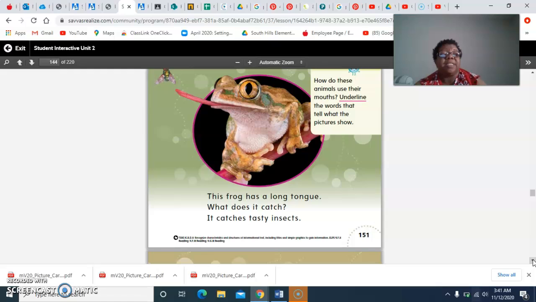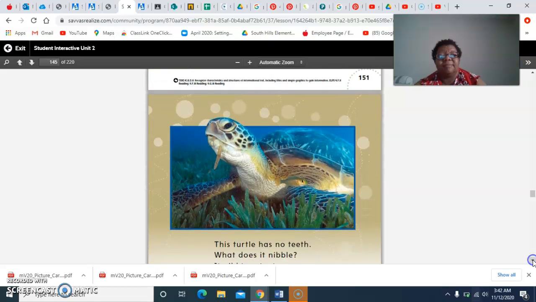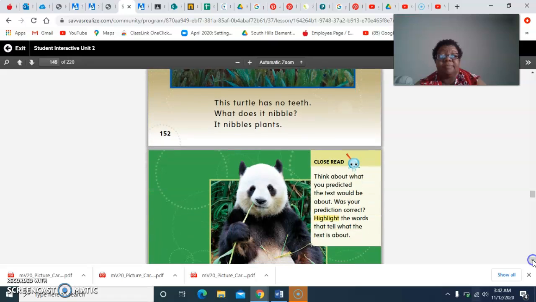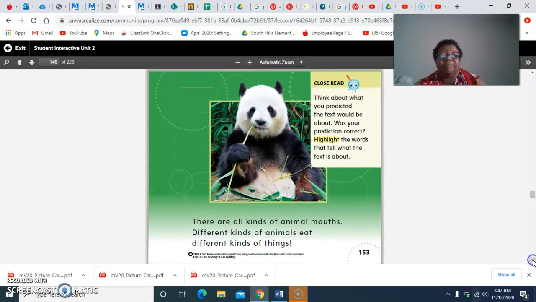This frog has a long tongue. What does it catch? It catches tasty insects. This turtle has no teeth. What does it nibble? It nibbles plants. There are all kinds of animals' mouths.